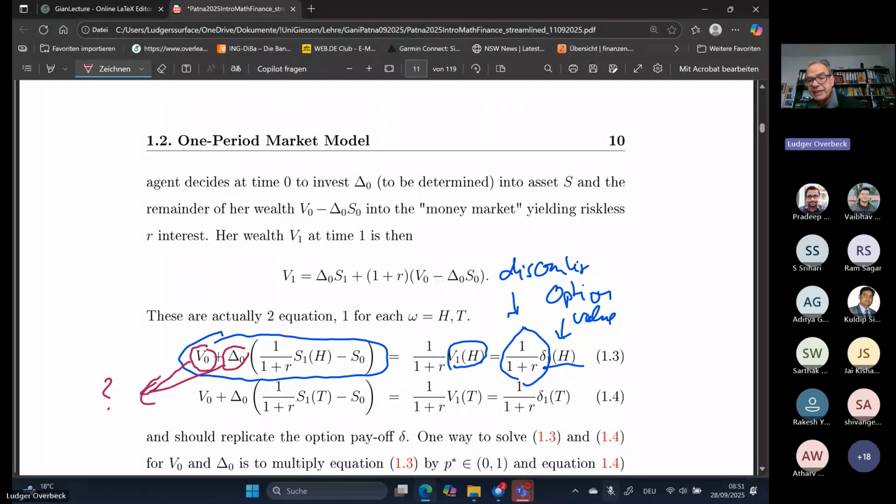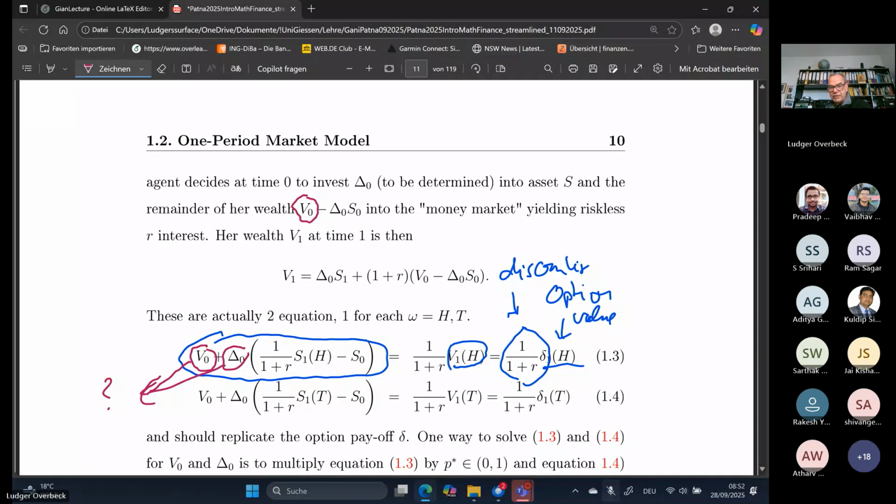Because the V0, that's actually the price of the hedge portfolio. That's just written differently. Before we have called it theta 1, and this one we called theta 0, but that's a general formulation of how you do it, because that's your initial value you need to know. That's the price. The V0 will be the price of the option.